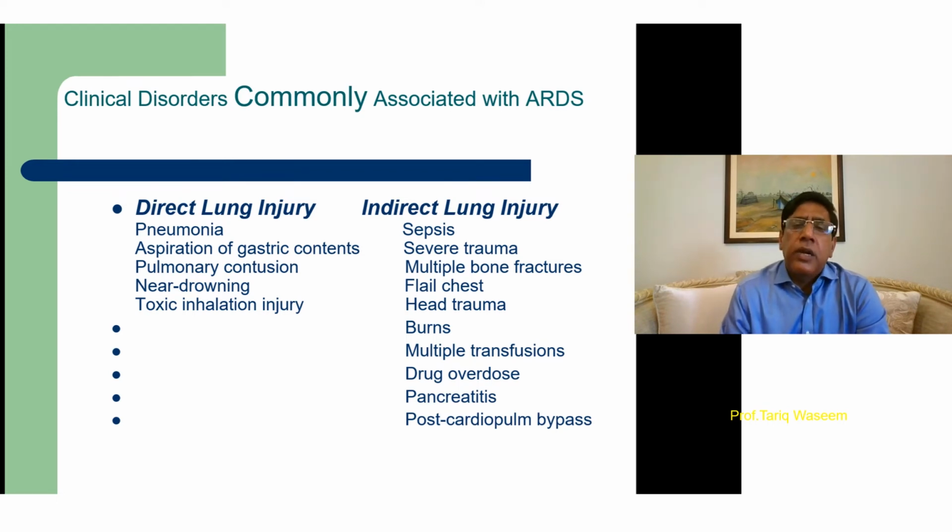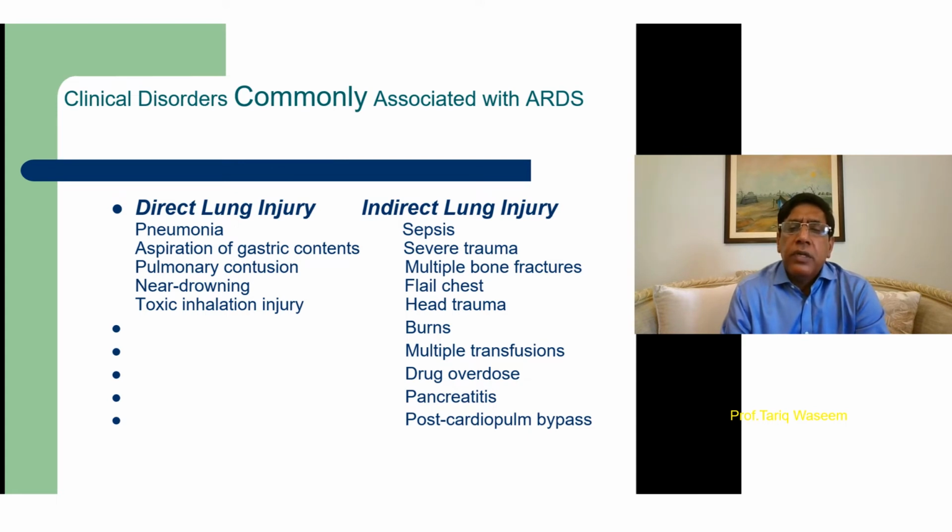This can happen in polytrauma or multiple injuries, multiple bone fractures. In bone fractures, particularly long bone fractures, it is actually similar to fat embolism. Flail chest can do that. Head trauma can do that. By head trauma, we mean that there is cerebral edema, and this cerebral edema is one of the initiators for systemic inflammatory response syndrome.